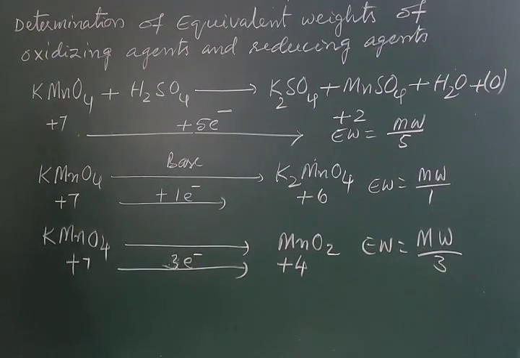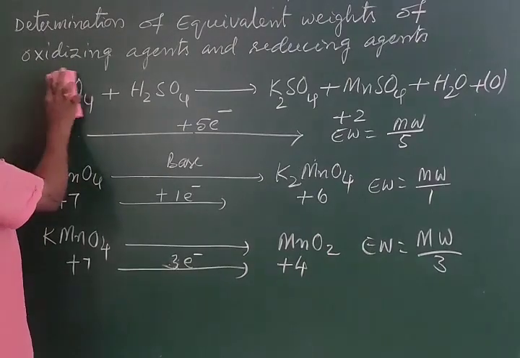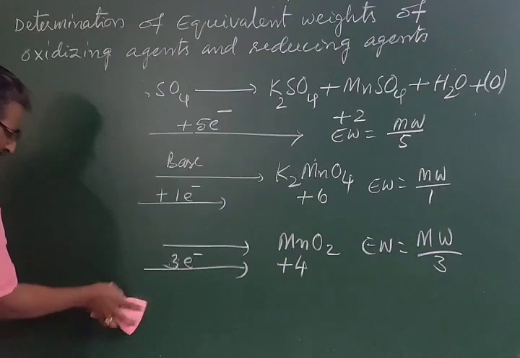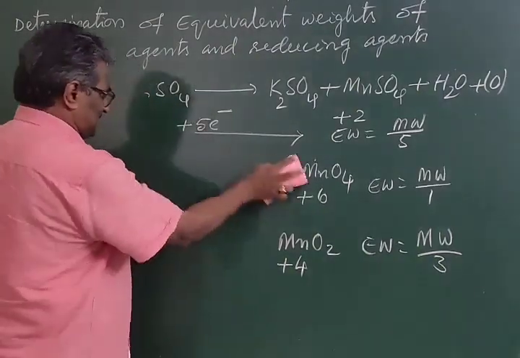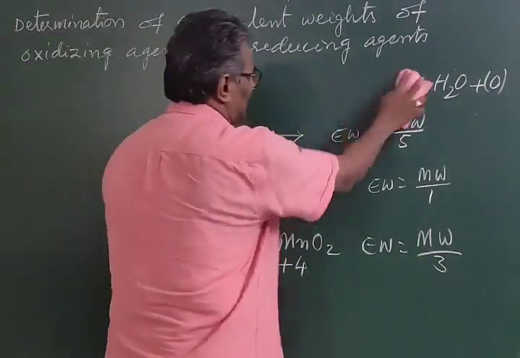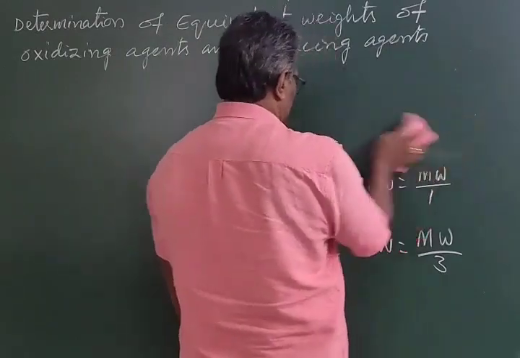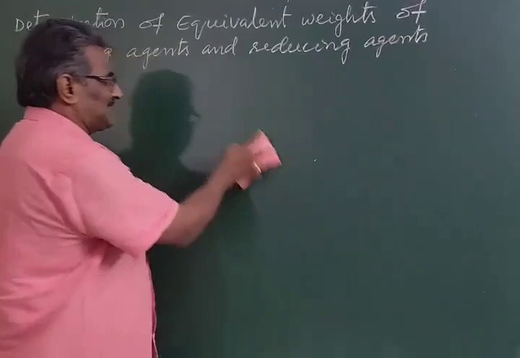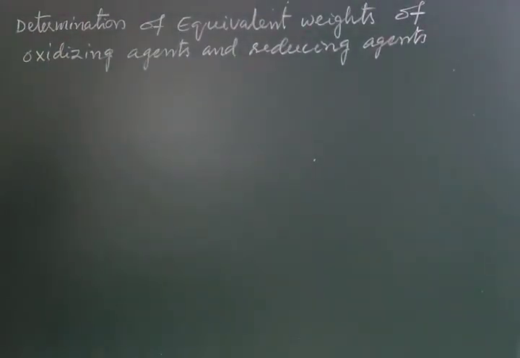Let us go to one more example, that is the action of potassium dichromate in acidic condition. Not only potassium permanganate but also potassium dichromate acts as an oxidizing agent in the presence of acid.